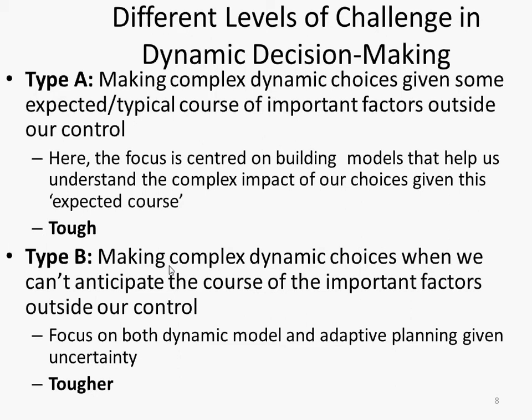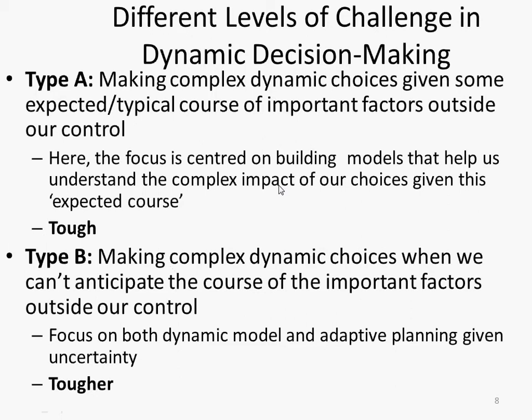Either these factors don't have a big impact, or we think we have a pretty good sense of what a typical case would be, and we want to try to plan around that case. So here we're building models that help us understand the complex impact of our choices, to be sure, but we may confine our attention to sort of this expected case.